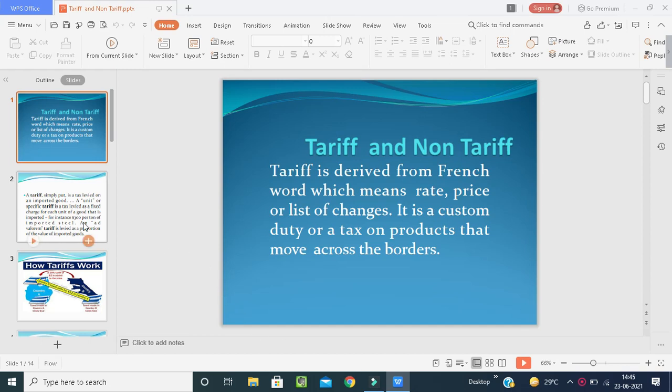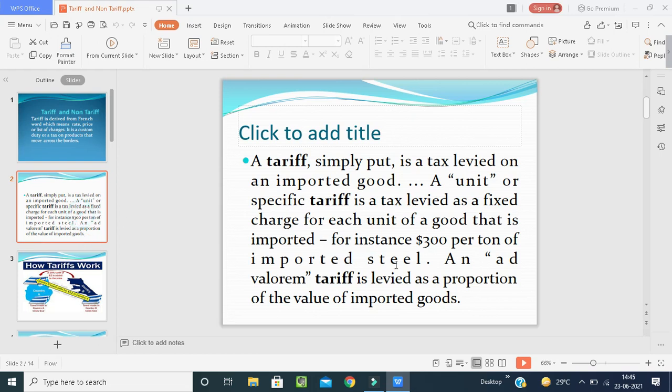Now, as you know, a tariff is nothing but a kind of tax we have to pay if the goods are going to be sold in other countries for the sake of making profit. Simply put, it's a tax levied on imported goods.